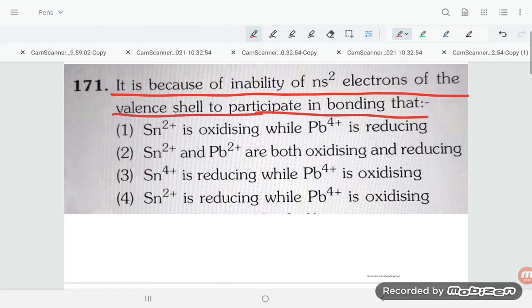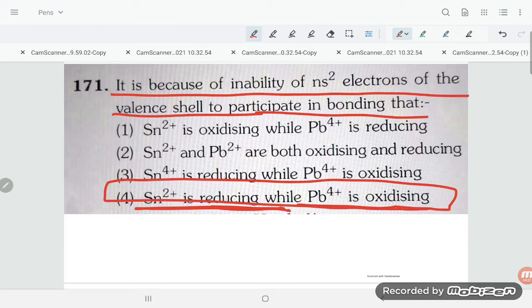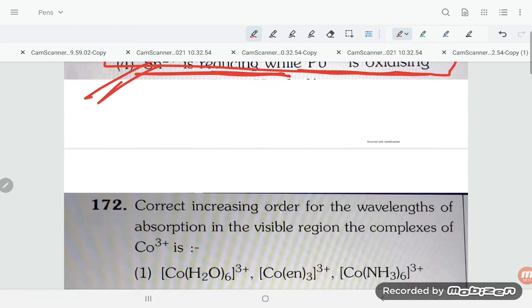So what could be our required answer for this one? Sn2 plus is reducing. Why? Because 4 plus is not possible. Pb4 plus is oxidizing because it can accept electron to convert into Pb2 plus. So our answer will be option number 4.